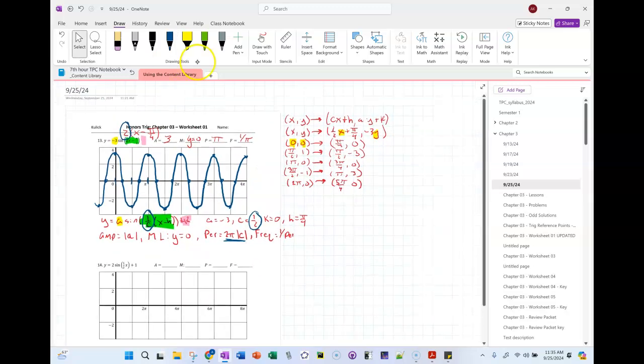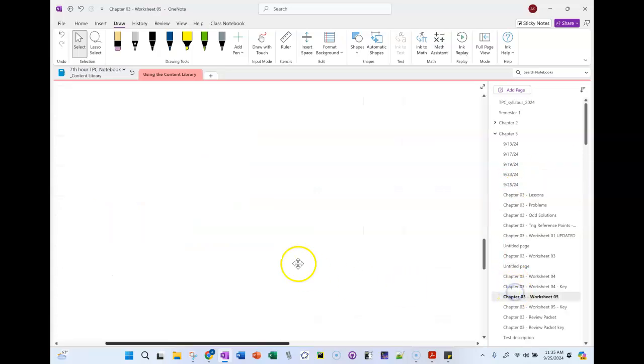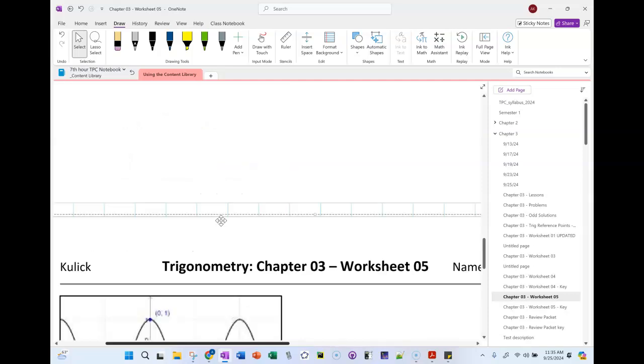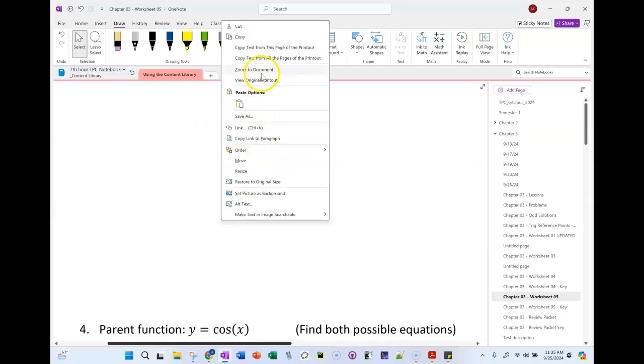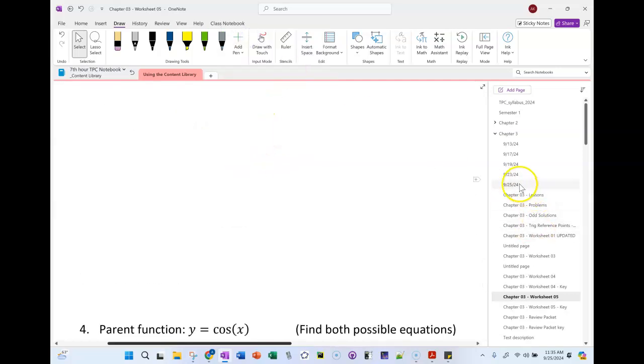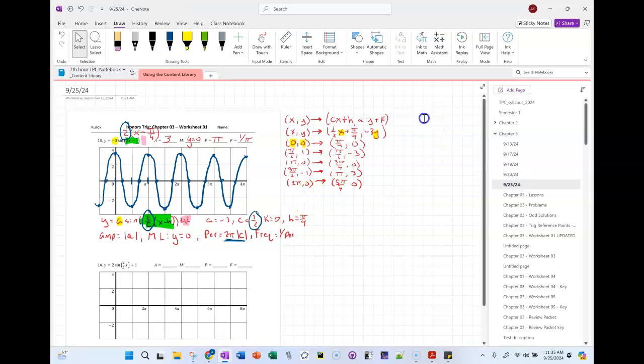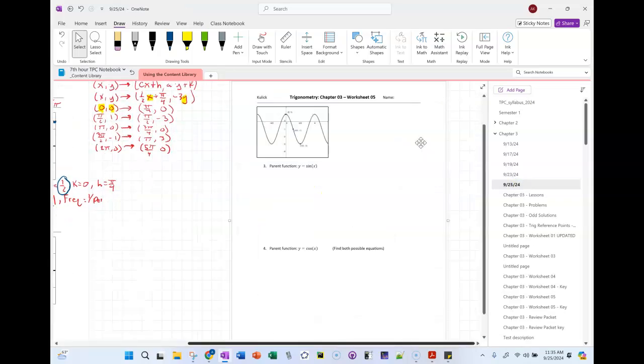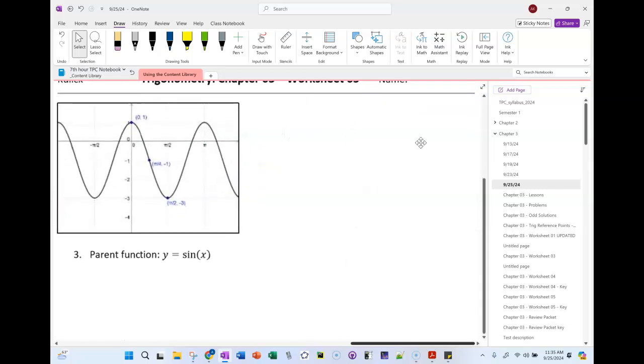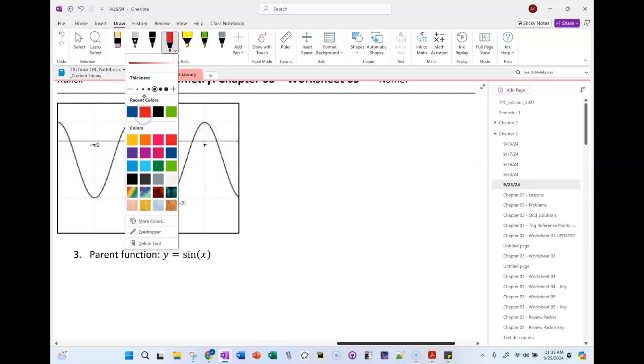Let's do a writing an equation one. So let's say we do this guy, and I ask you to write it as a sine function.